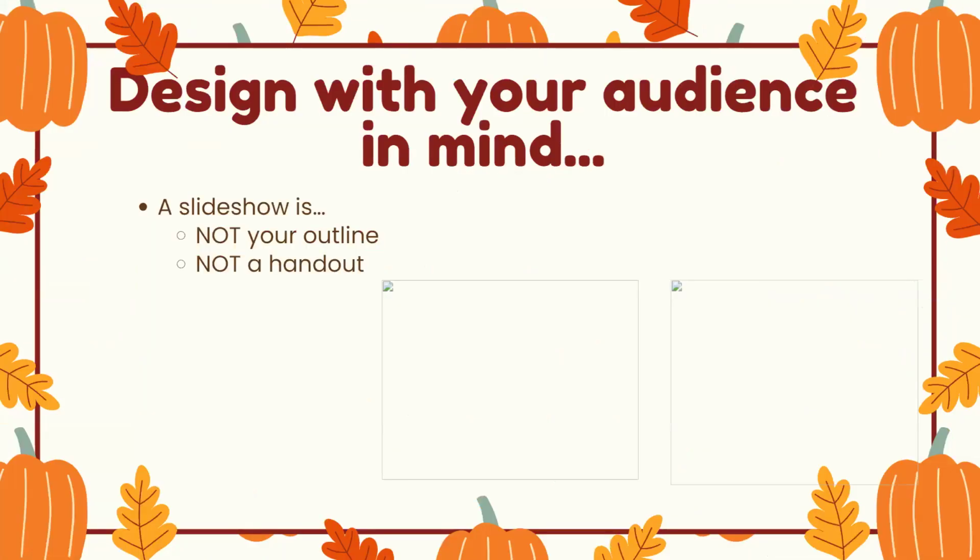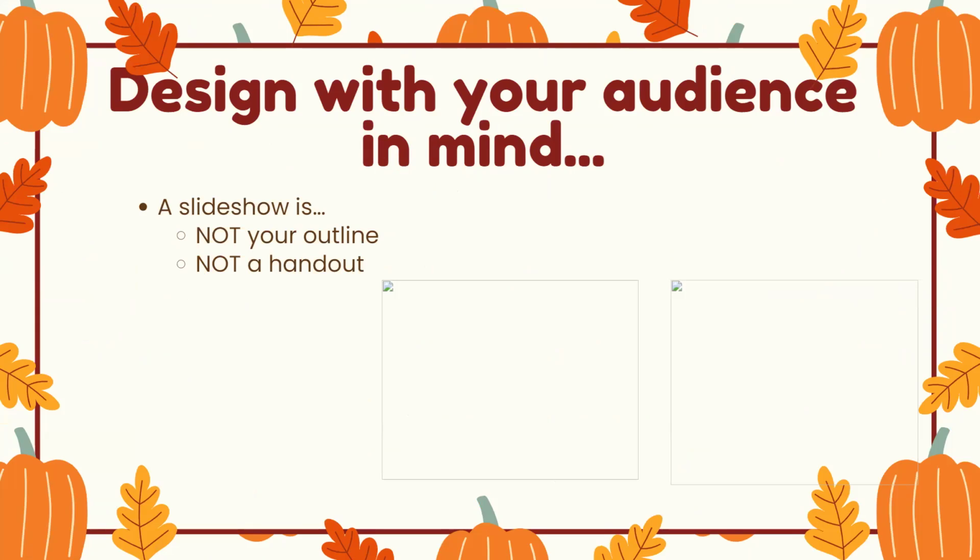First, I want you to think about design with your audience in mind. A slideshow is not your handout and not your outline. So keep it short, sweet, and concise. If you have a lot of information, make sure you say it out loud or have a completely separate handout with the information.